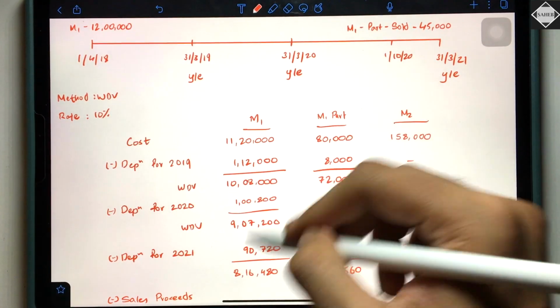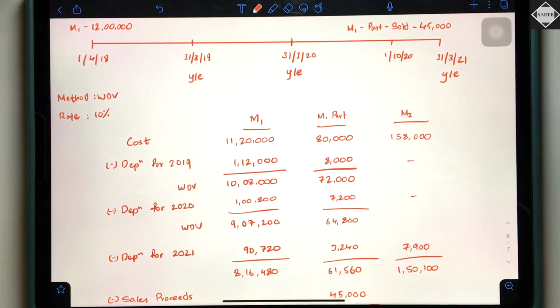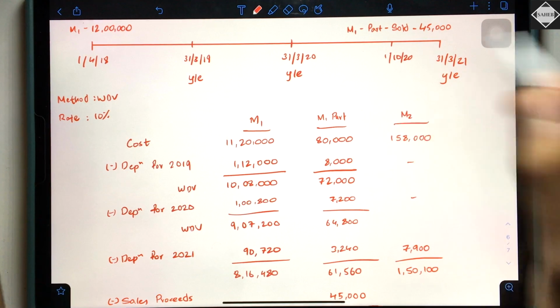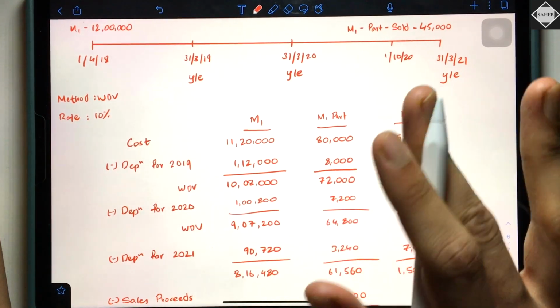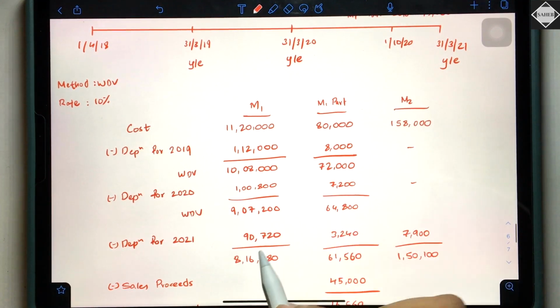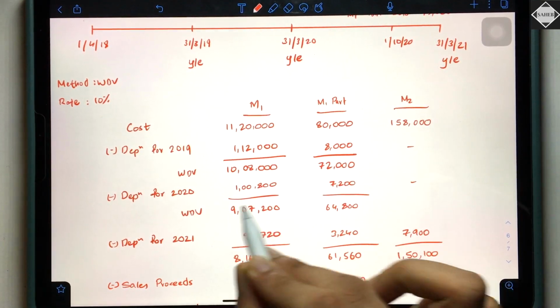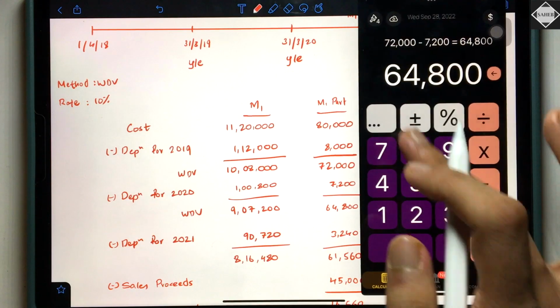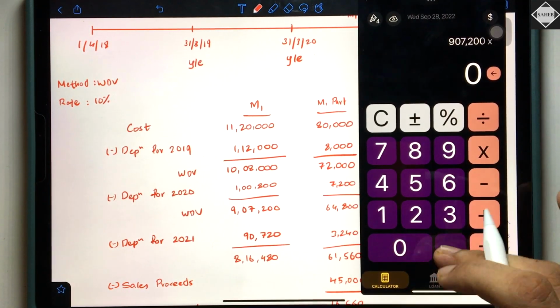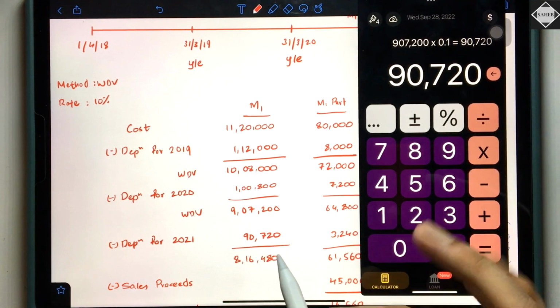For the remaining 11 lakh 20, you will charge the entire year depreciation, isn't it? Understand the logic. M1 part you have sold, M1 you have not sold. M1 is still there, 11 lakh 20. So you have to charge entire year depreciation on this. Let's just do that. See, 9 lakh 7,200 into 0.10, that's equal to 90,720.